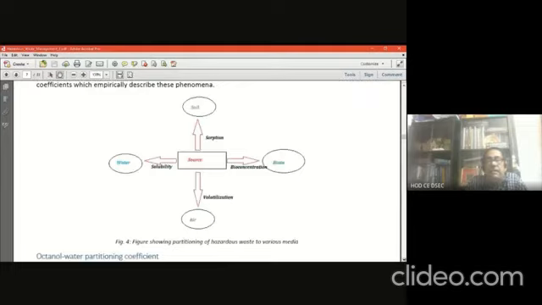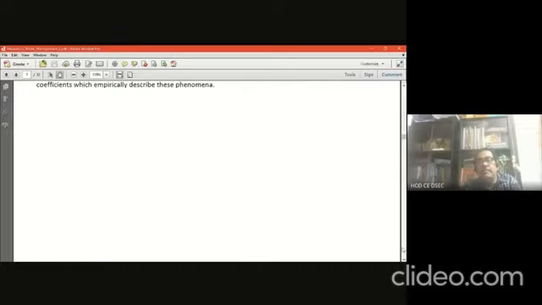Partitioning means separating. Partitioning of hazardous waste to various media. Media means soil is one medium, water is one medium, biota, the living organisms, is one medium, and air is one medium. So it is partitioning, that means it is separated. The partitioning of hazardous waste in various media is shown in the figure, which I am sharing on my screen, with soil, water, biota, and air in the forms of absorption, solubility, bioconcentration, and volatilization.